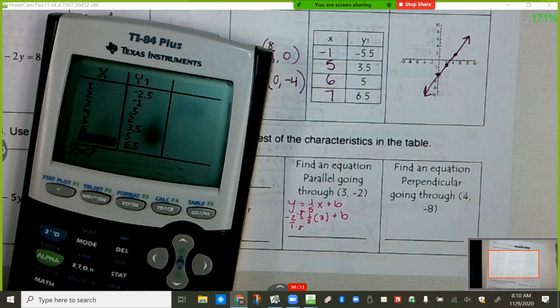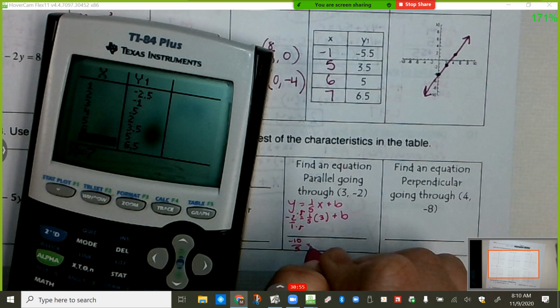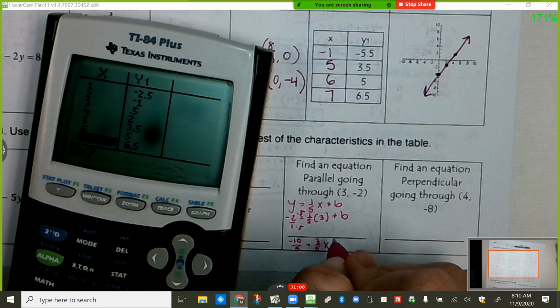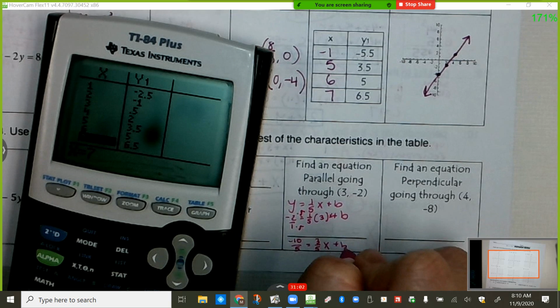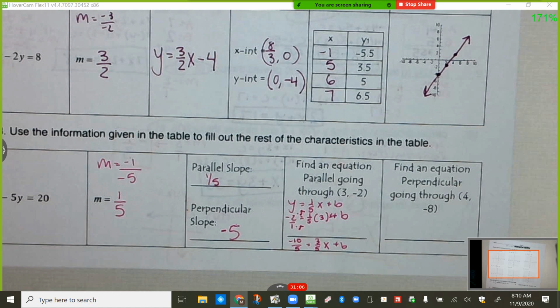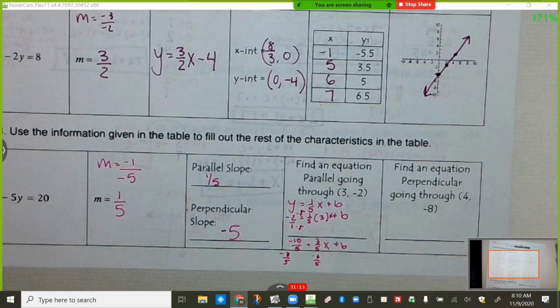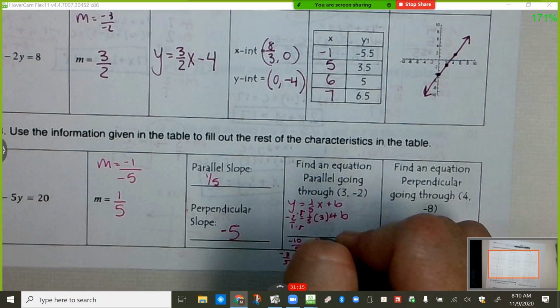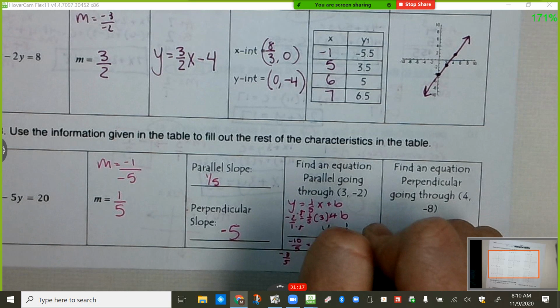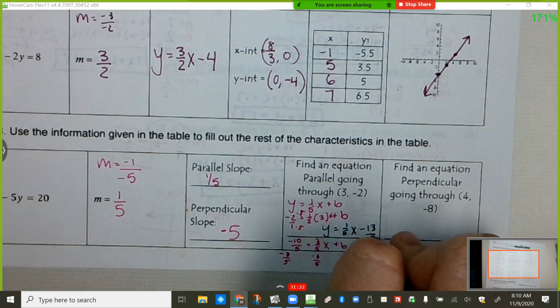So this gives me negative 10 over 5 equals 3 over 5 plus b. Okay, and then I'll subtract 3 over 5 from both sides, and I get y equals 1/5 x, and then that gives me negative 13 over 5.